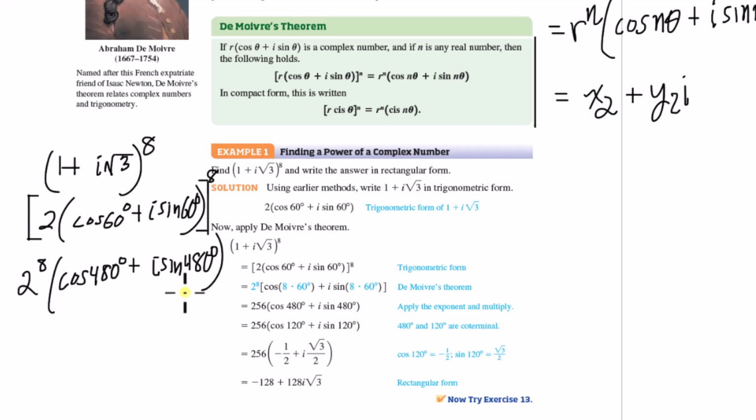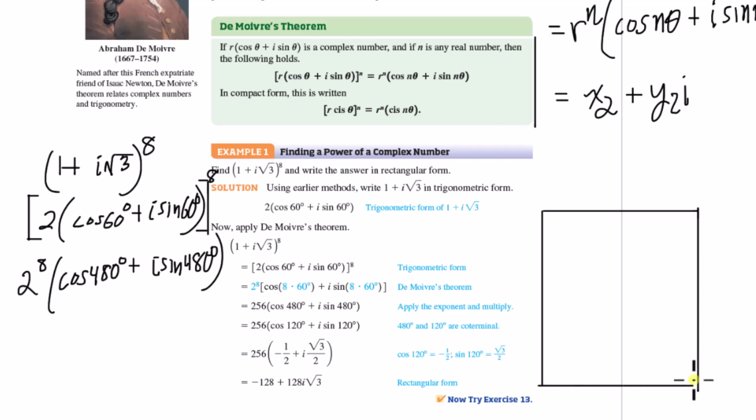Now, you don't have to do that. If you've got the complex plane, the only reason you want to do that is because it's probably more presentable to represent a complex number with an angle that is between 0 and 360. But I want to stress, it's not like this is wrong at all.